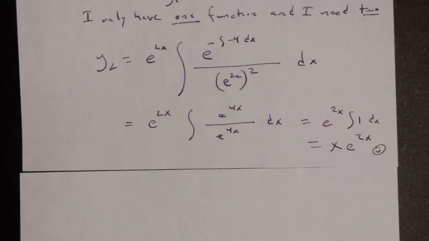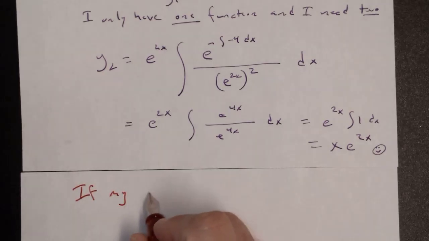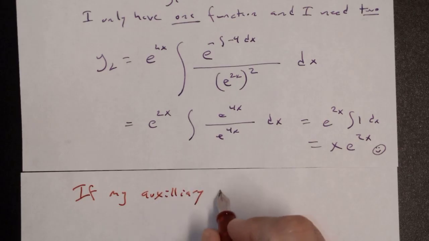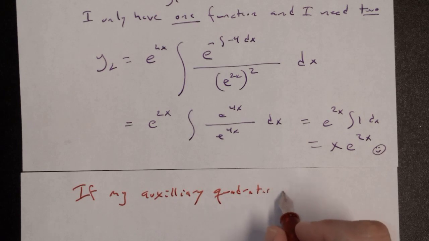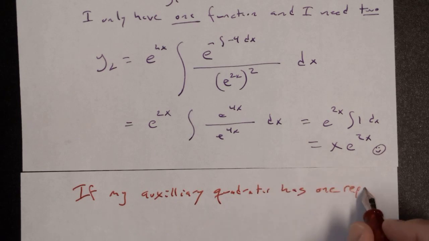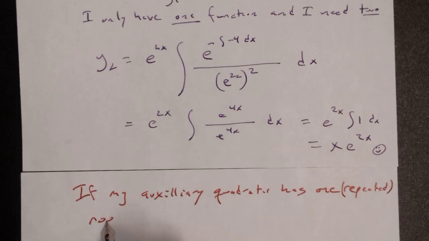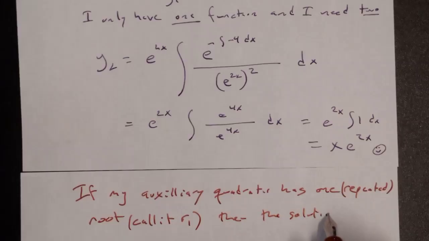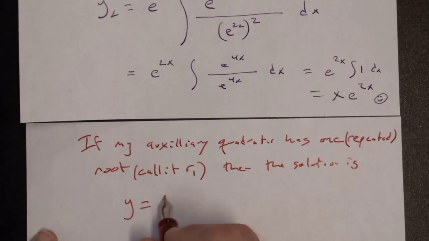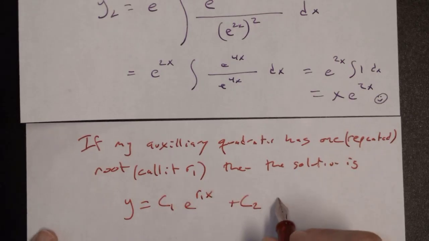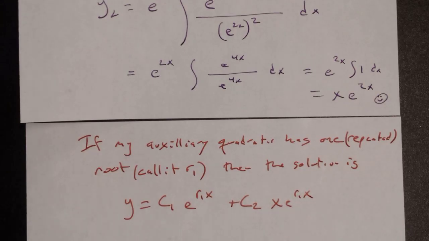If I have a repeated root, then when I do reduction of order, every time, I'm going to get an extra x.